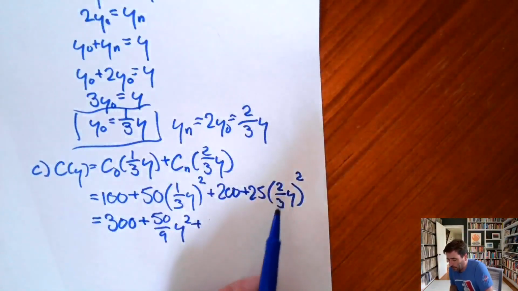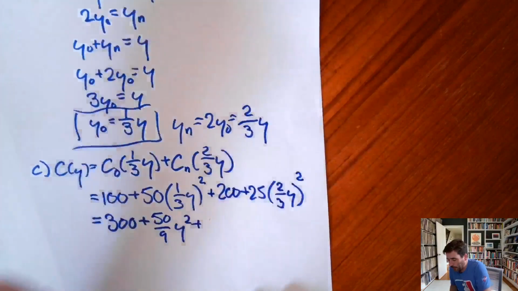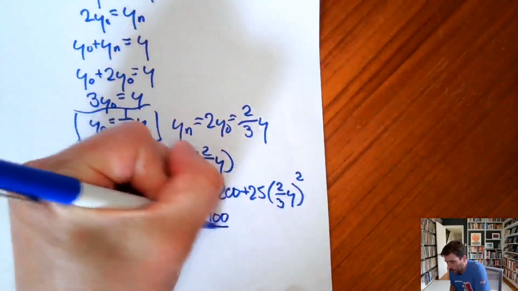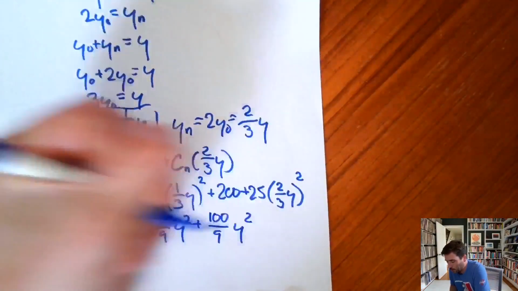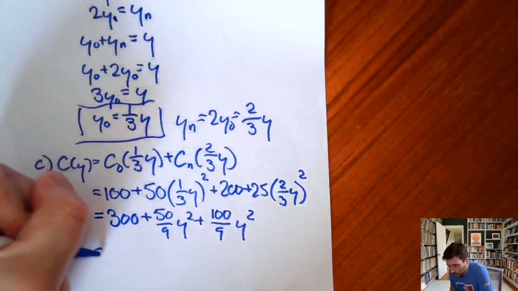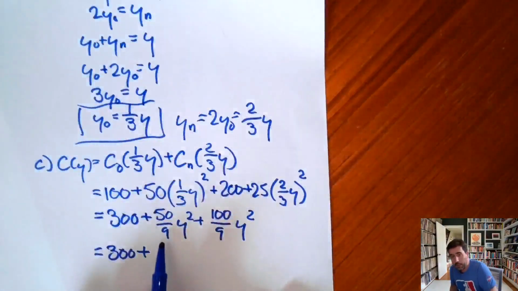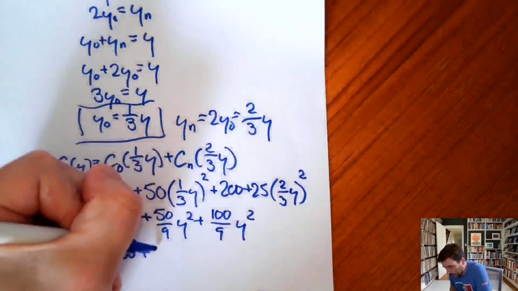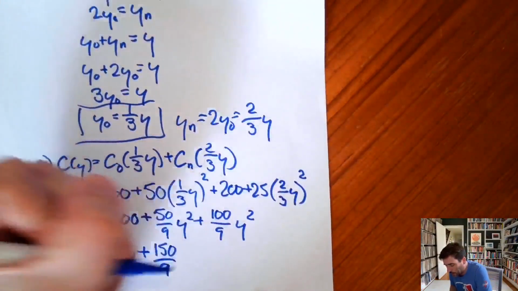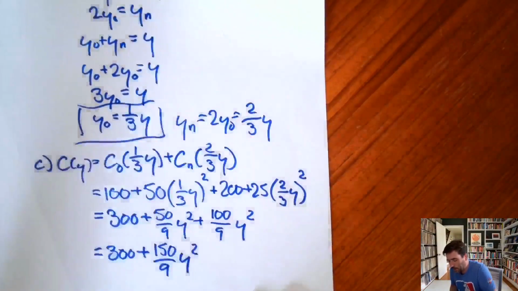And then here we're going to have 4 over 9 times 25, so that's going to be 100 over 9 y squared. So we can clean that up a little bit more. 50 over 9 plus that 100 over 9 gives me 150 over 9 y squared.